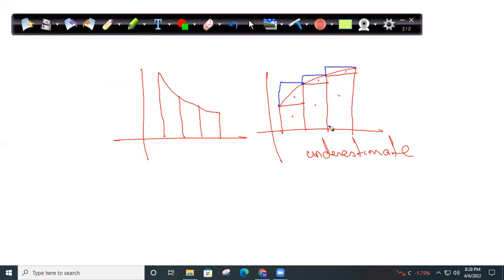Will I get an overestimate or underestimate? Overestimate, because I need to find only this area. This is an extra part, this is an extra part. So if you are using a right Riemann sum for an increasing function, you get an overestimate, because we are using more than what is required.